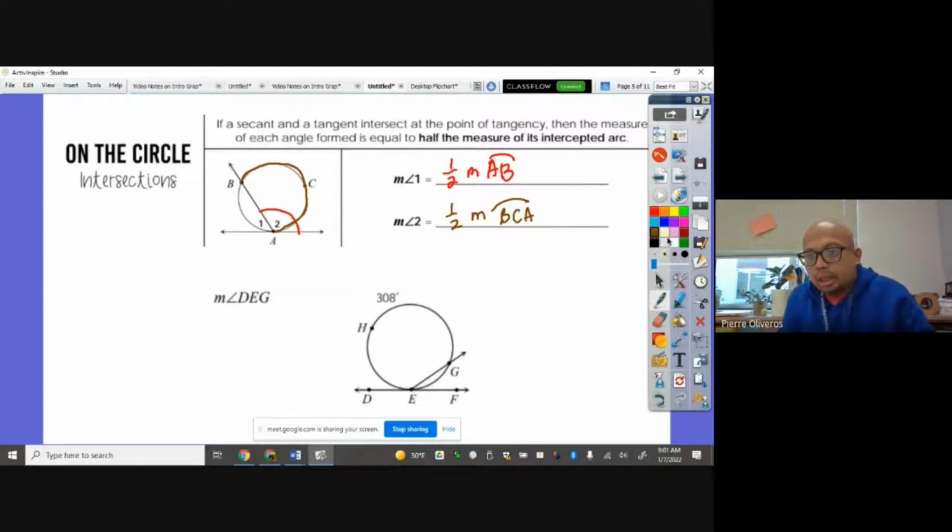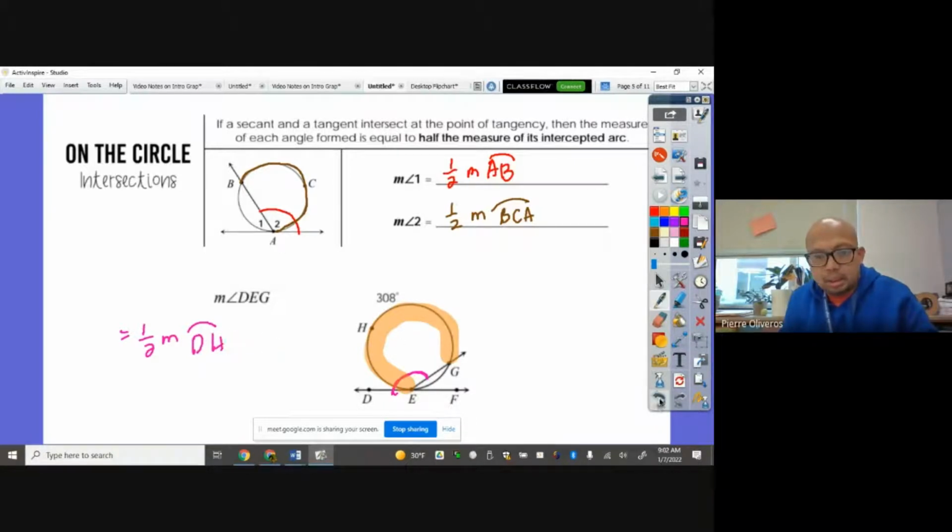Okay, so look at this example here. Measure angle DEG. DEG is this angle here, and the intercepted arc is this portion here, which is 308. So what's the formula? Half of the measurement of arc DHG.